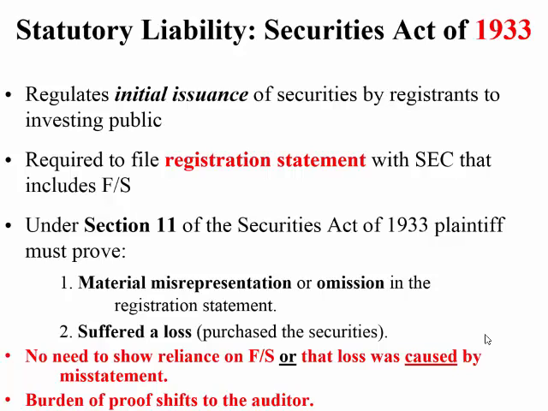Whether we're talking about criminal liability or civil liability, the plaintiff has to prove. And for this particular law, for Section 11 of 1933, it's not that way. Basically, the auditor in this situation has to prove that there is no material misrepresentation or omission. They have to prove that they're innocent, which is a departure from what we normally think of.